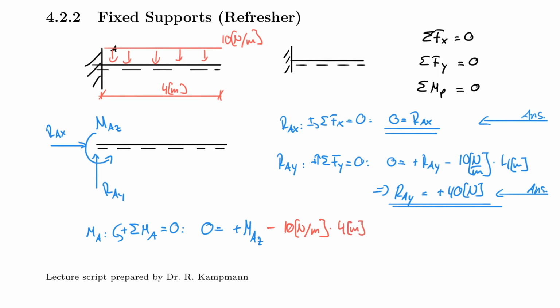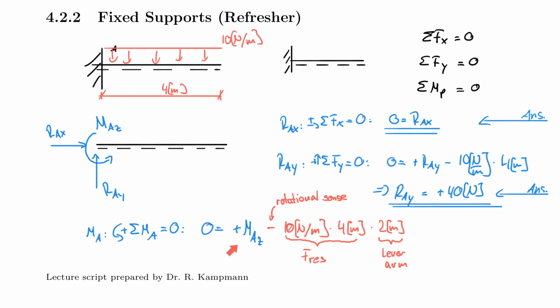It acts exactly in the center. So multiplied by 2 meters. And just because we're still learning this, this is the F resultant, or the lumped force, and this is the lever arm. And this, by the way, is the rotational sense. So please keep that in mind.